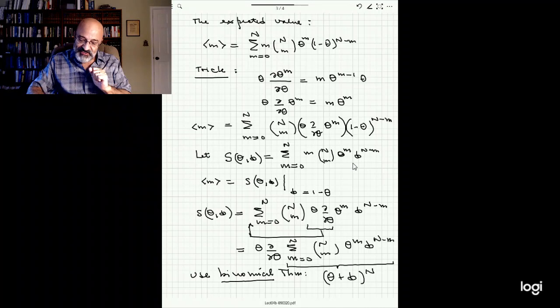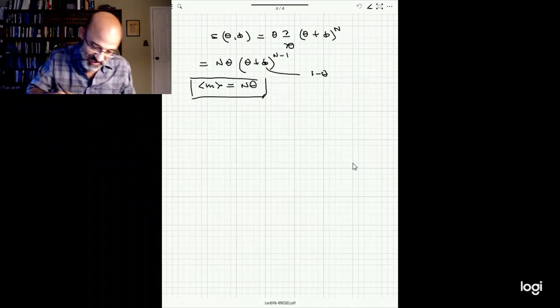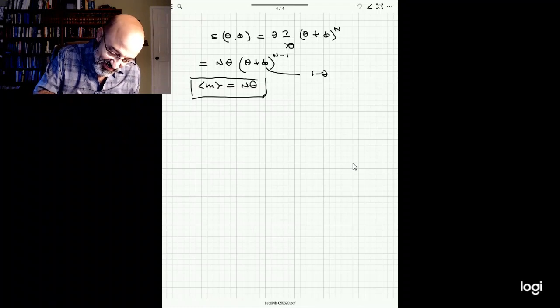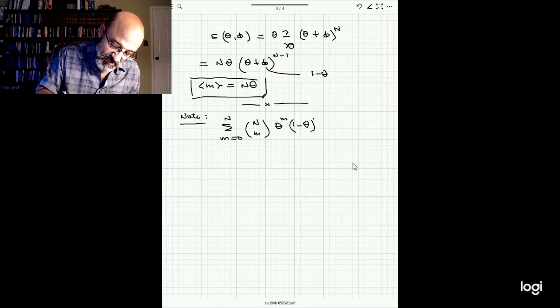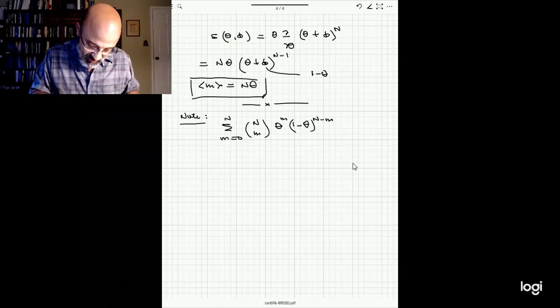But there is another interesting thing that we have here. When you have the summation over m equals 0 to n of (n choose m) theta^m (1 minus theta)^(n minus m), what do we have here?